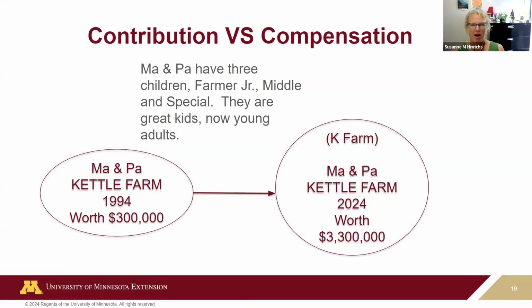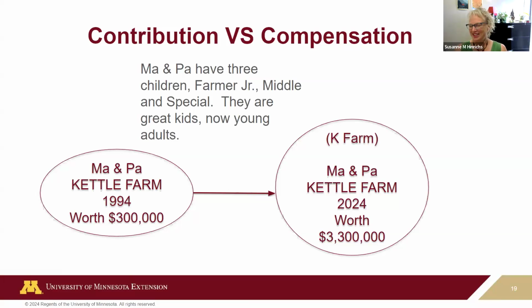So Ma and Pa Kettle, they have Kettle Farm, and they have 3 children. They have one, Farmer Junior. Farmer Junior farms with them. He has been farming with them for a long time. He has really added value, and he's become an equal partner to Ma and Pa in the farming operation.